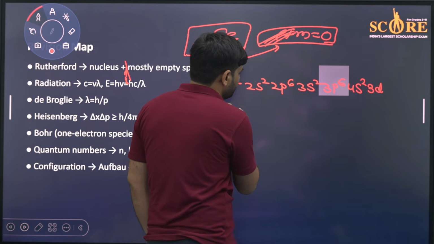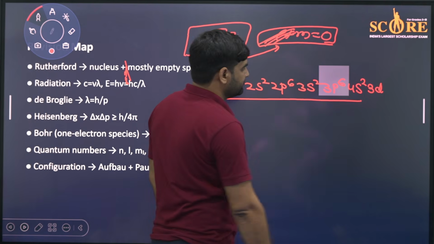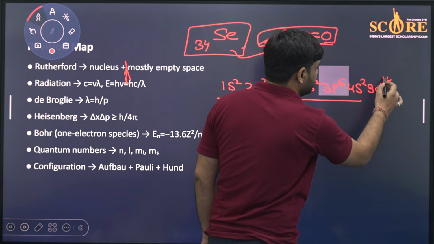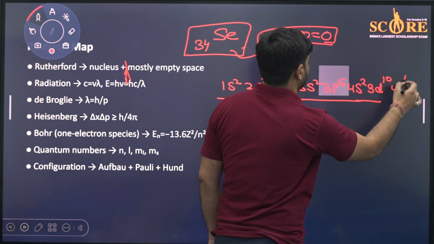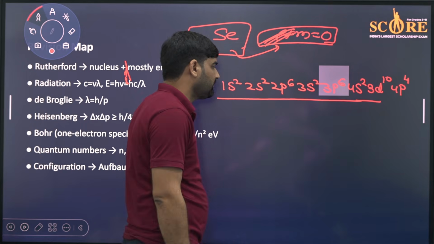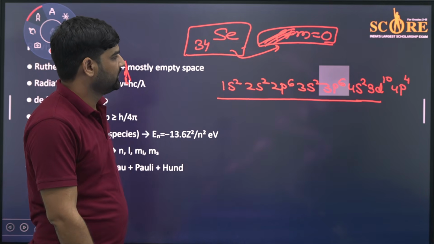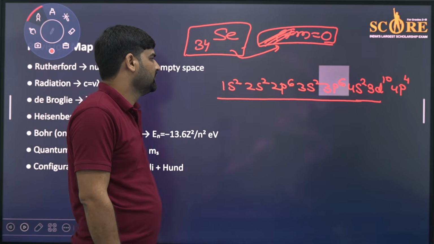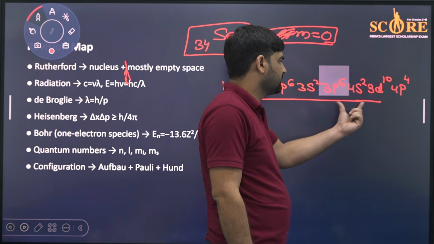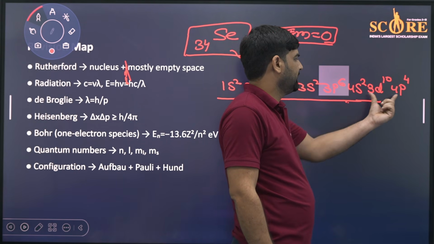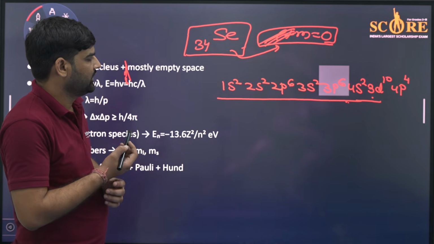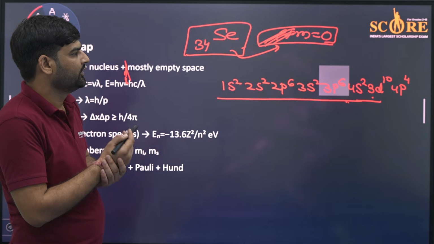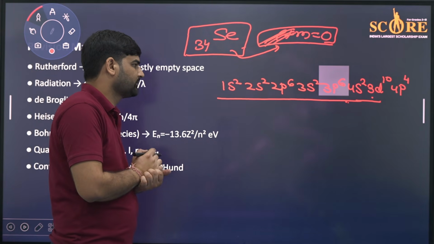What is Z? This is 30, and 4p4. I think 30 electrons are filled till this, and the remaining are this 4p4.